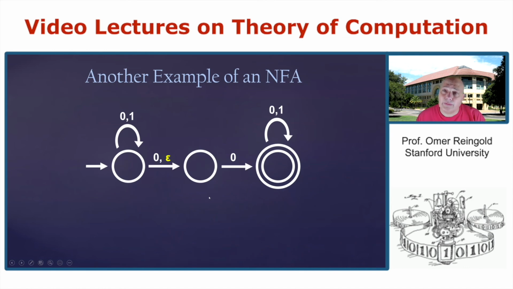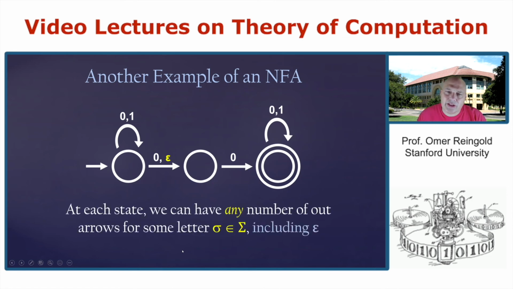So some states have more than one transition, some have 0 transitions. But in addition, we also have this notation of moving with the empty string. So at each state, we have any number of out arrows for some letter sigma, including for the empty string. This refers to the ability to take steps without reading anything. Whenever there is an epsilon move, it means that you can take this edge even without reading any new symbol from the alphabet.